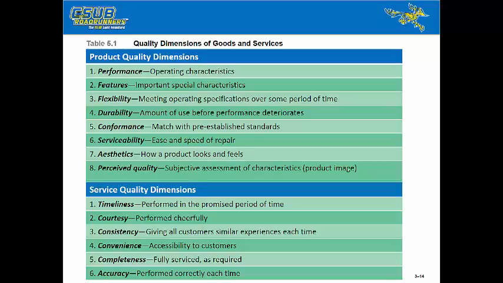Service quality dimensions. So things that you could split up service quality on to be more realistic as another axis are timeliness, courtesy, consistency, convenience, completeness, and accuracy.